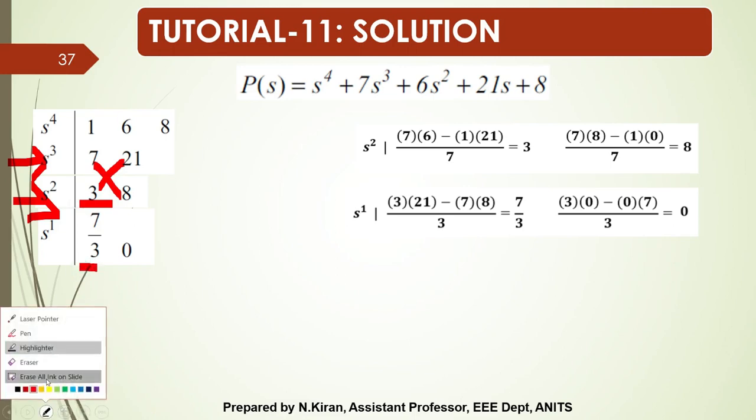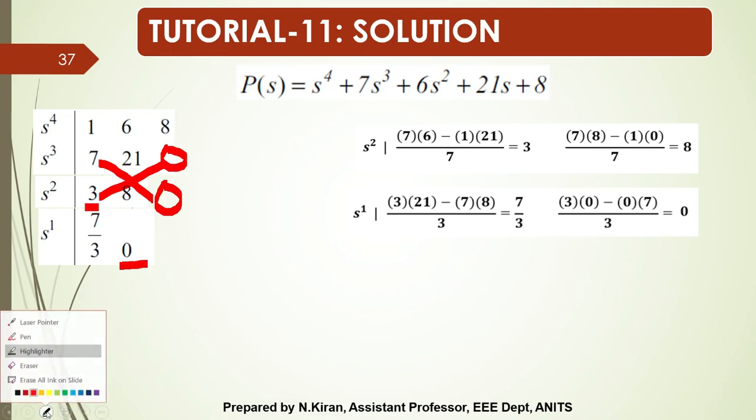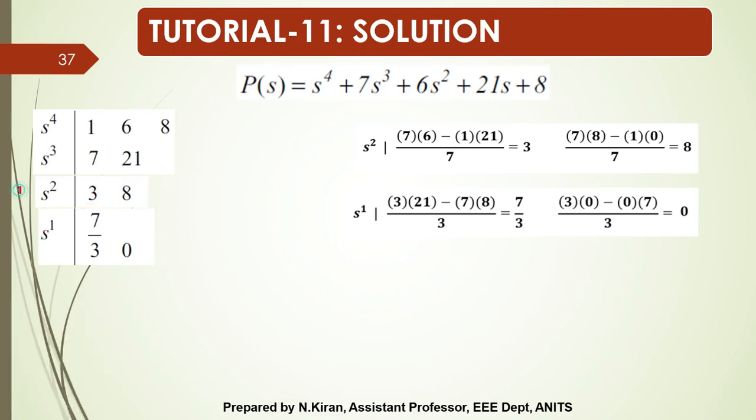To find the next element, here also we have 0, so it is 3 into 0 minus 0 into 7 divided by 3, which gives the second element in the row corresponding to s power 1, which is 0. For the last row, s power 0, I need to consider the s square and s power 1 elements.